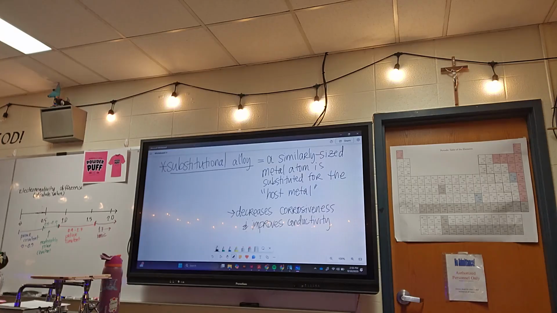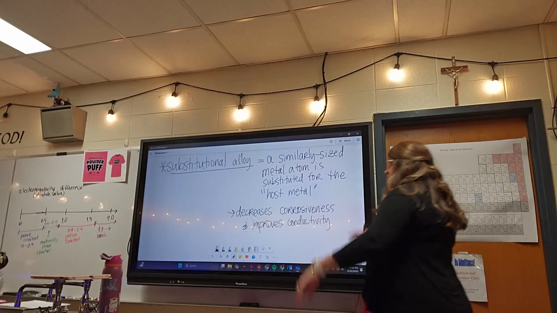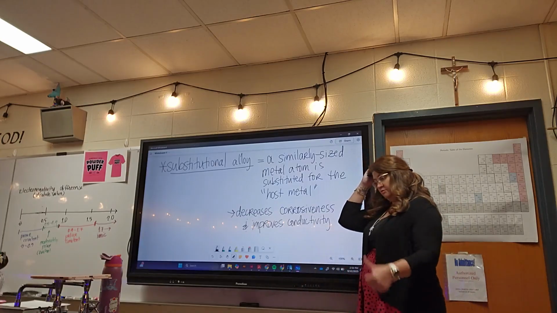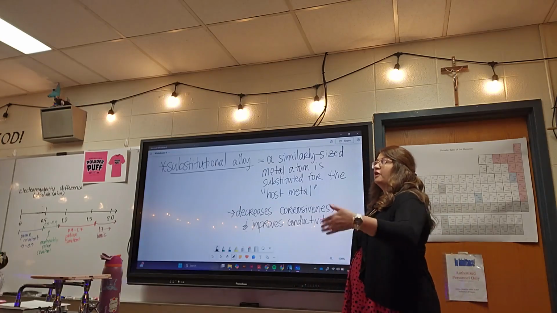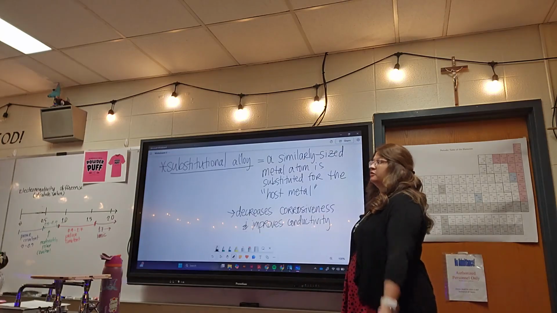Where would you want better conductivity? Wires. Yep. If you're trying to create a battery for an electric car, to be able to transfer your electricity in a way where it's not lost to the environment is a good thing, because then you can go farther on the same amount of charge.